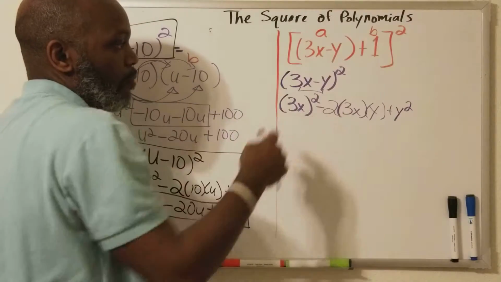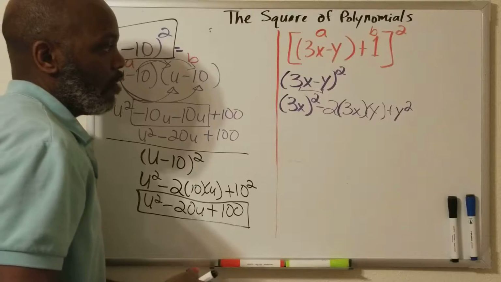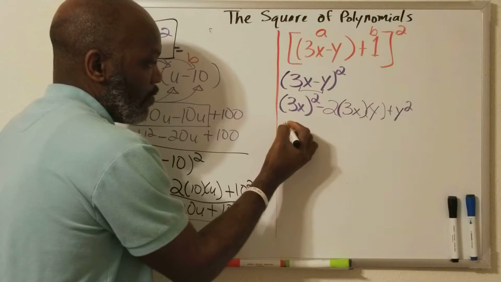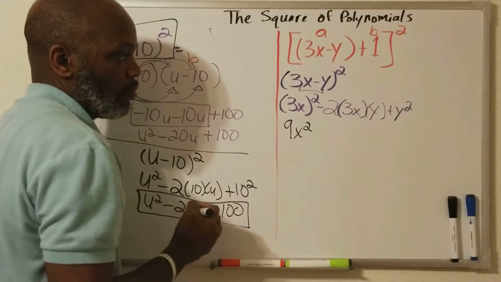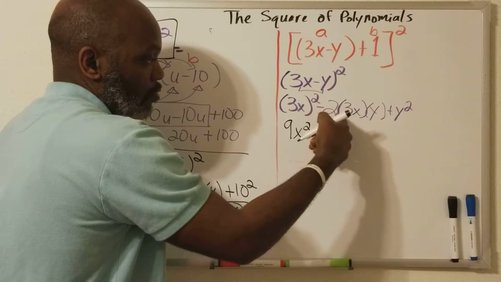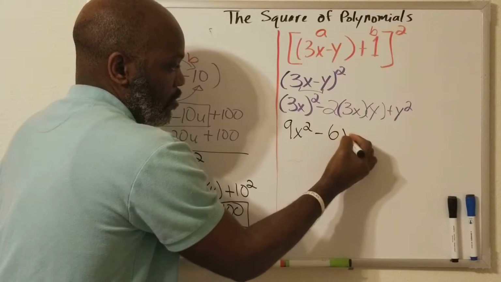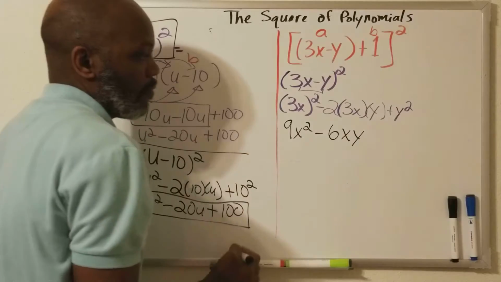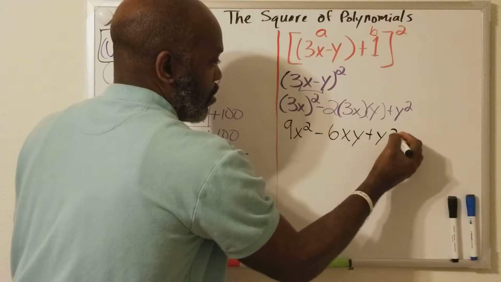Now I haven't forgotten about the B. All right, so we're just going to solve this here. We have 9x squared. We have negative 2 times 3x times y, which gives us 6xy. And then we have plus y to the second power.